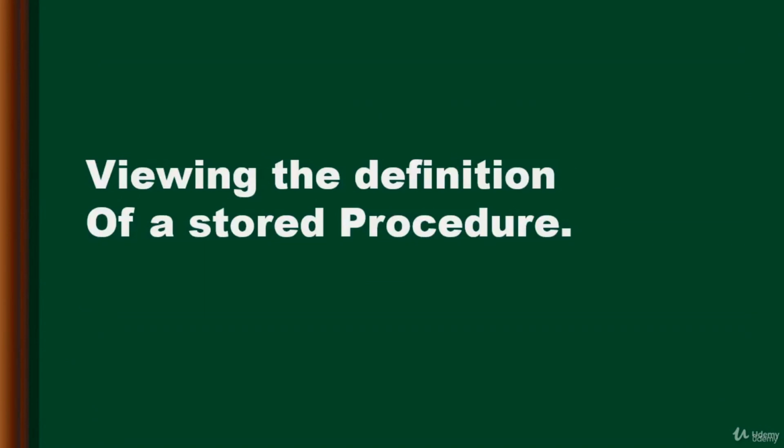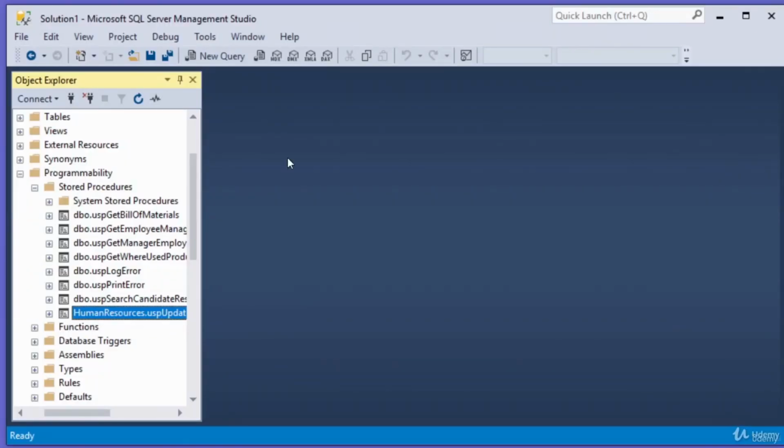In this video, I will be showing you how to view the definition of a stored procedure in SQL Server Management Studio using the Object Explorer menu options. Open up SQL Server Management Studio and expand the stored procedures.